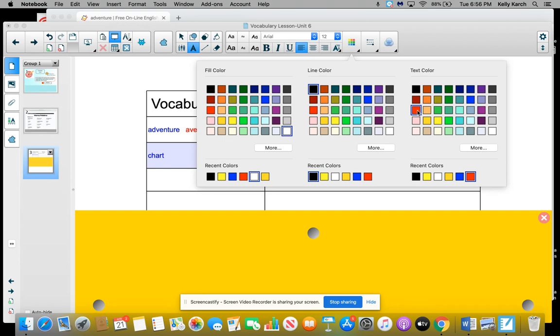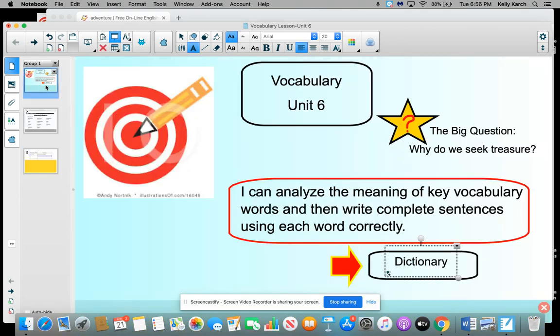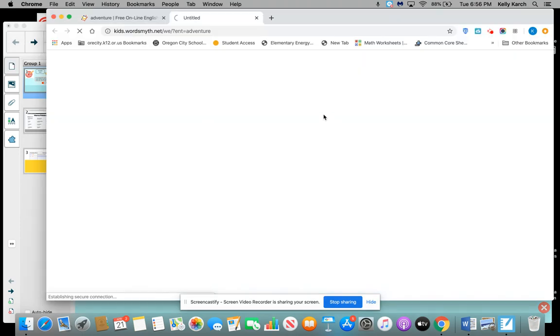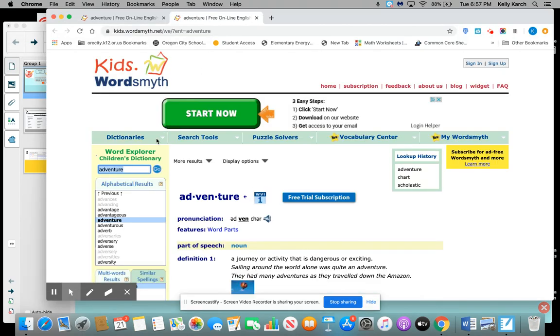Y recuerda que también se dice tabla. And then we're going to go to our online dictionary link. We're going to look up the word and find out if we understand the meaning.